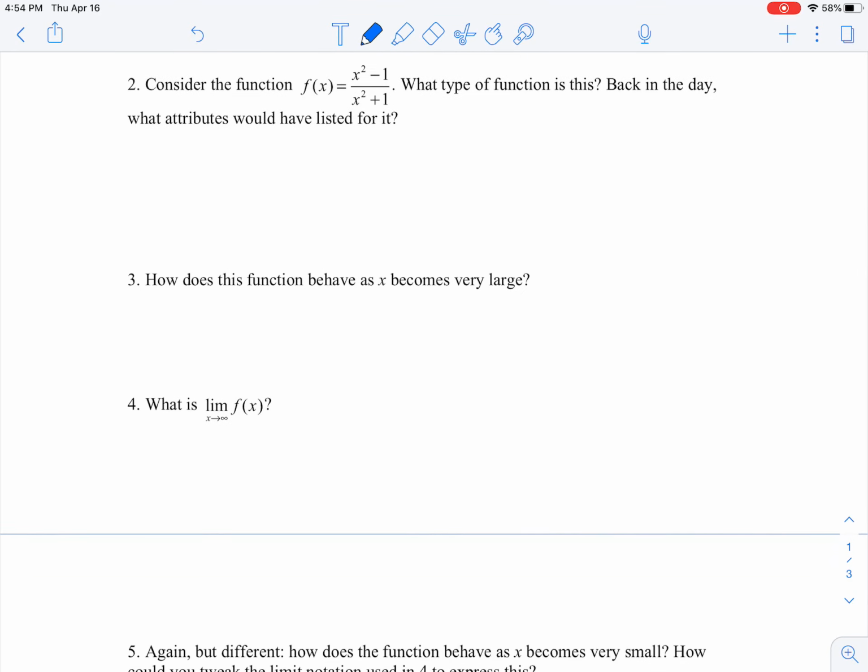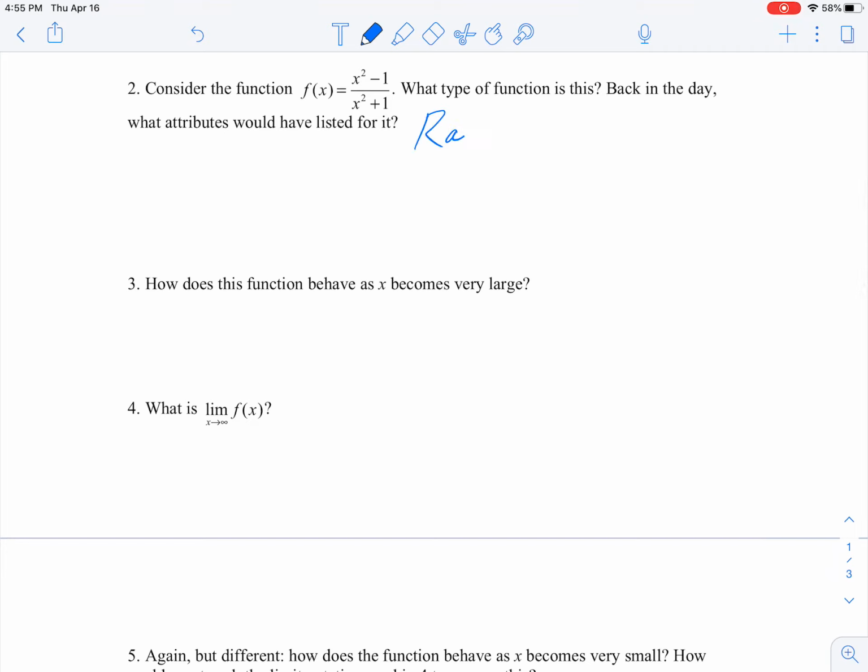Consider the function f of x equals x squared minus 1 over x squared plus 1. What type of function is this? Back in the day, what attributes would we have listed for it? Now, this is a rational function. We've got a polynomial over a polynomial, and there's not any real factoring opportunities here.